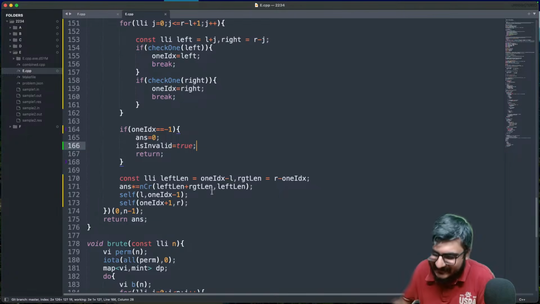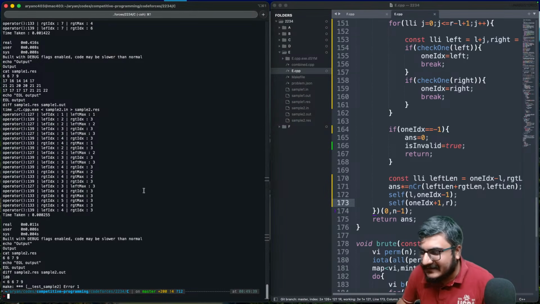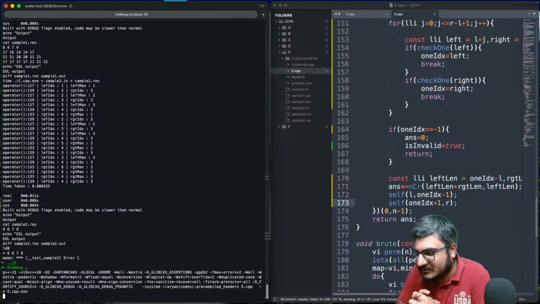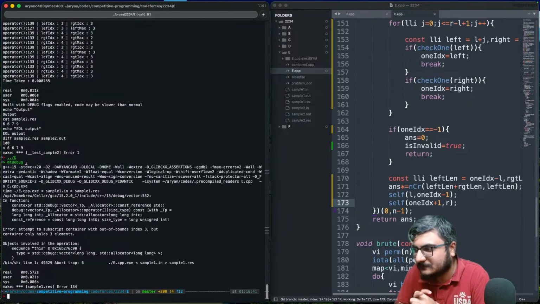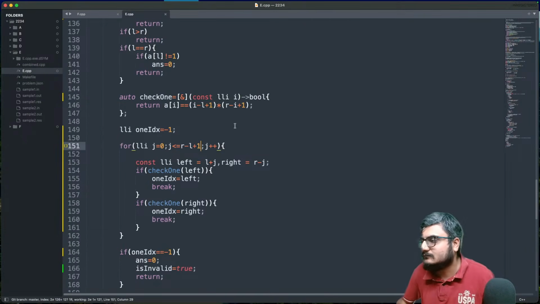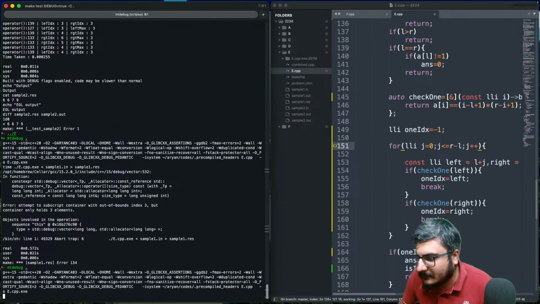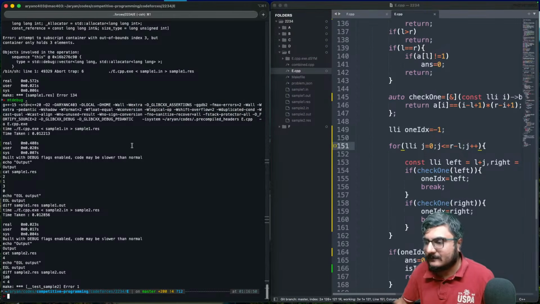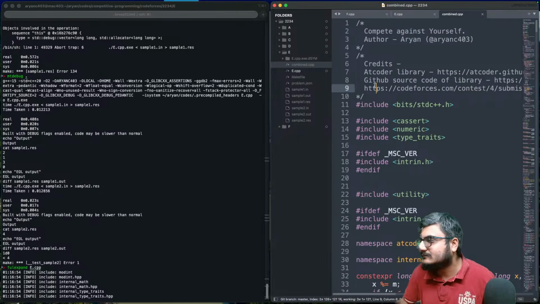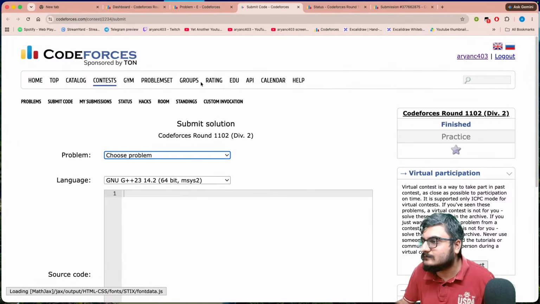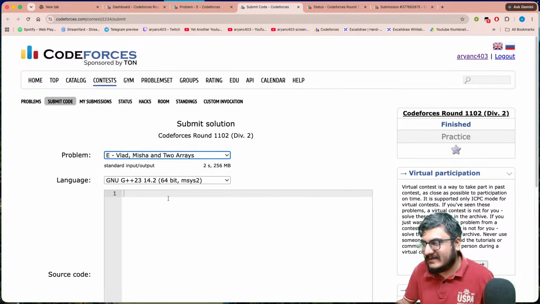Recursively solve for the same. And the magic here is this should work. Let's see. And we are done.